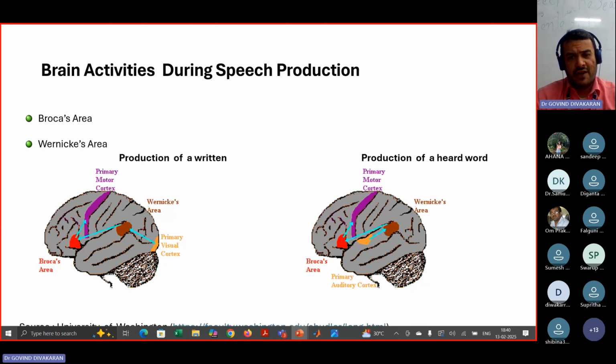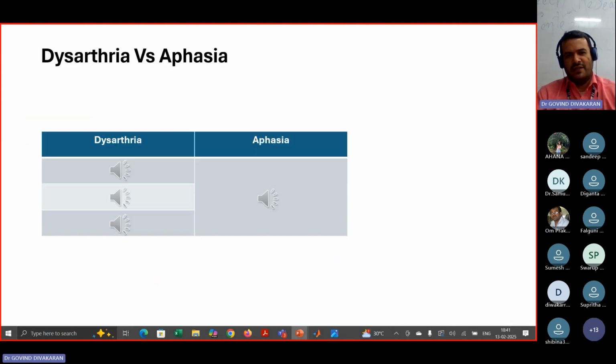So in this particular case, we are focusing only on dysarthria due to stroke. I'll give an example of what dysarthria is and what aphasia is. A mild aphasia, especially in Broca's, we can tackle in some way. I will show you one such example.